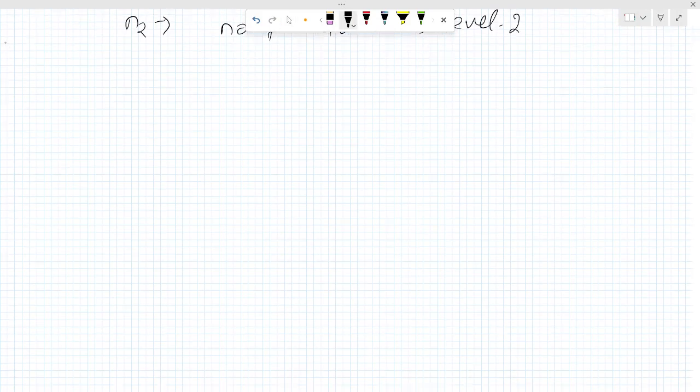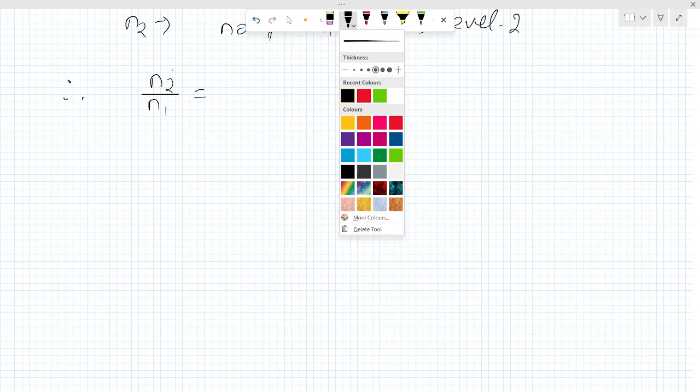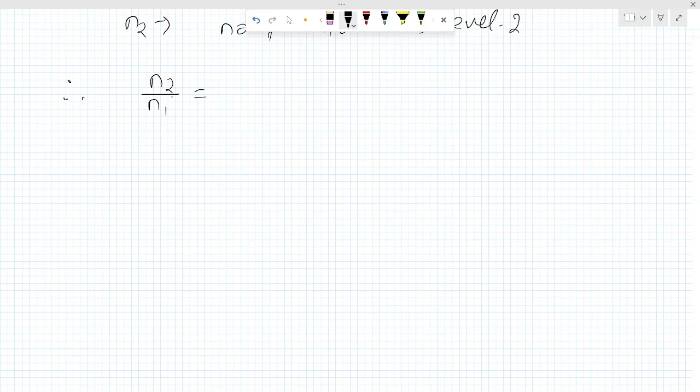The ratio, that is n2 upon n1, is equal to, what is the formula for population density?